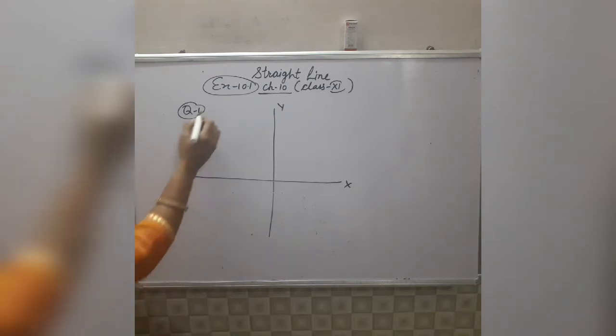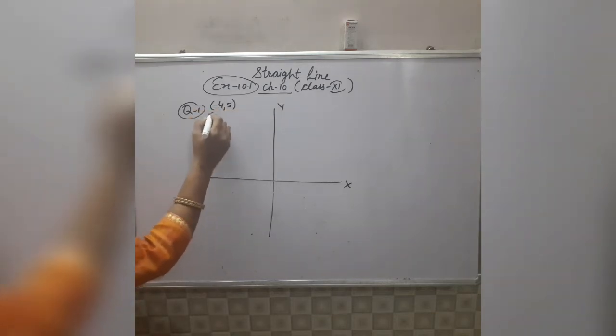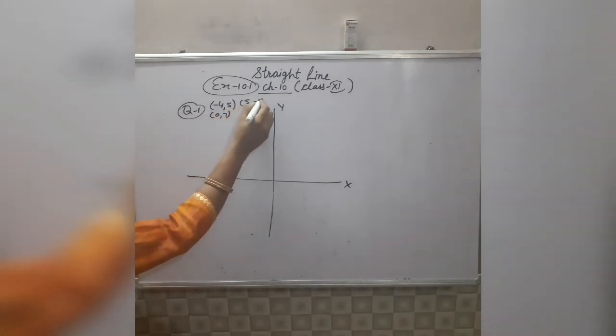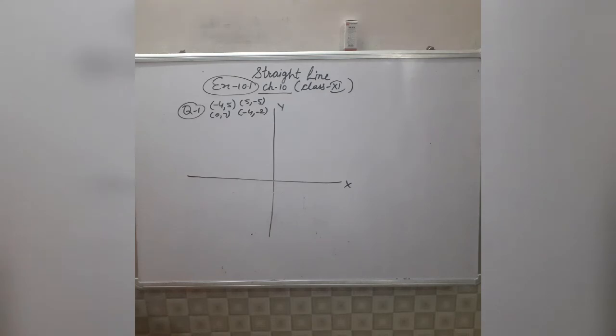The vertices of the quadrilateral given to you are minus 4 comma 5, first point. Second is 0 comma 7. Third one is 5 comma minus 5, and fourth one is minus 4 comma minus 2. We will plot these 4 points. After that, by joining these points we get a quadrilateral, and then we will find the area of this quadrilateral.